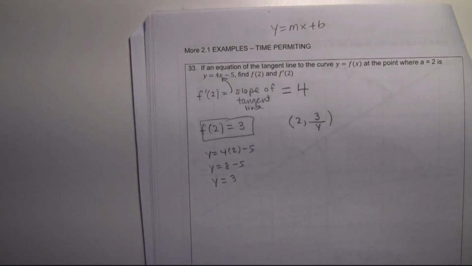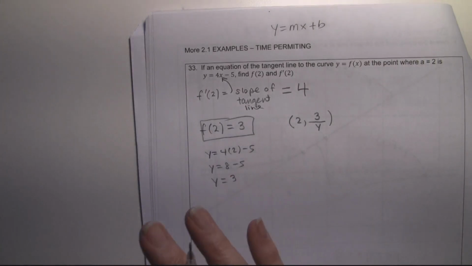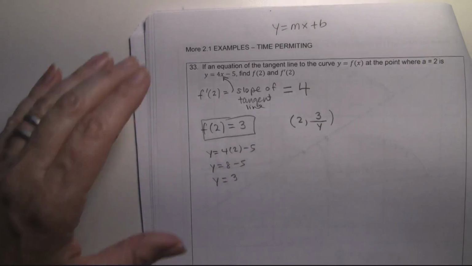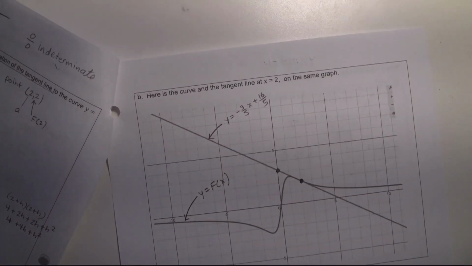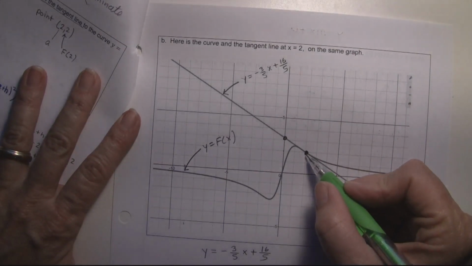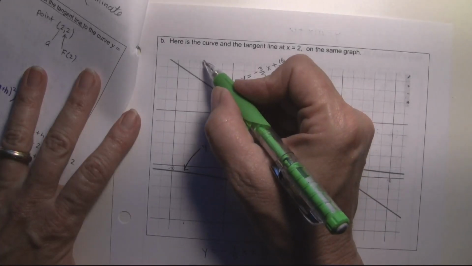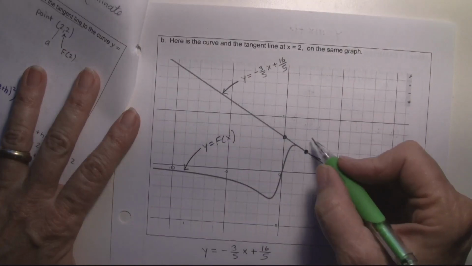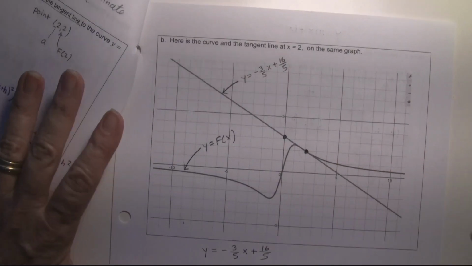And then this point that they were asking on the curve is the point that the curve and the tangent line share. They could share more than one point, but they for sure share that point. I mean, if this curve came up here, they might share 2 points, but we're looking right here at the point they share.